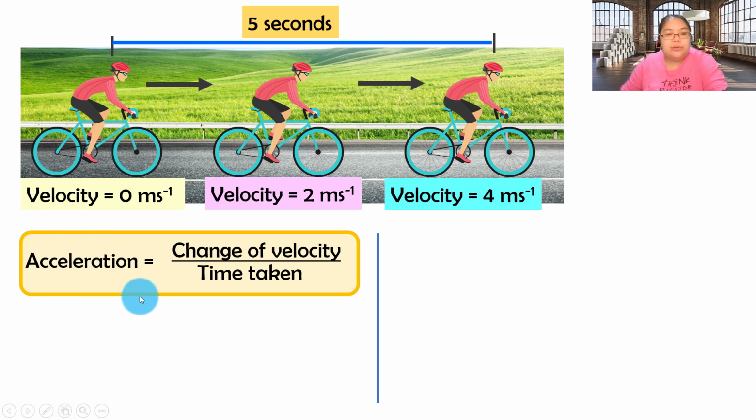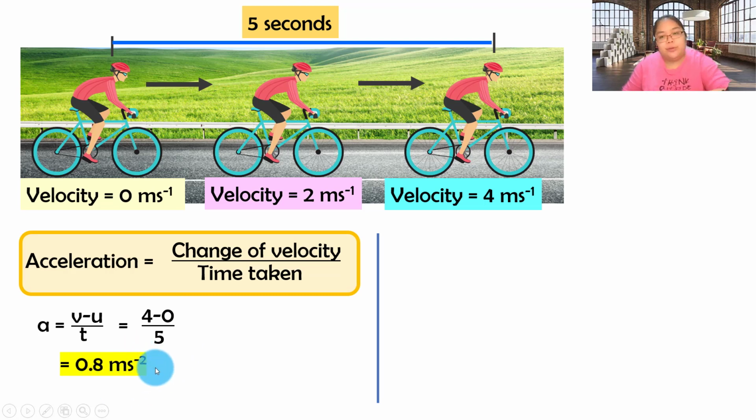First, they introduce the acceleration formula: change of velocity over time taken. First we need to count what the acceleration is for this situation. v means final. Final is 4 ms-1 minus initial, then over the total time of 5 seconds. So I get 0.8. Remember the unit ms-2.